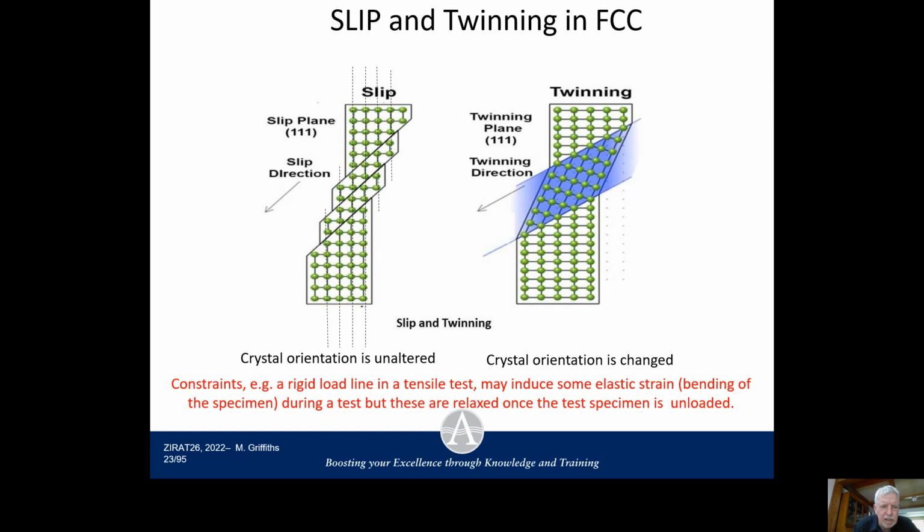And this distortion can impose secondary stress components, which would induce other shearing to occur, whether by twinning or by slip, to relieve those constraints. And I'll talk about that. If it's elastic and you're in a tensile test, once you take the sample out of the constraint, this is the shape of the crystal you're going to have, and there's going to be no distortion.